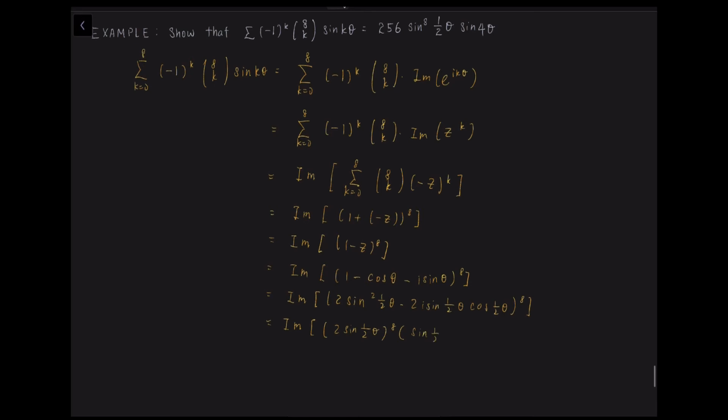And then we are going to change the sine half theta into cos of pi over 2 minus half theta, and cos half theta into sine of pi over 2 minus half theta, because we want it to be in terms of cos something plus i sine something.